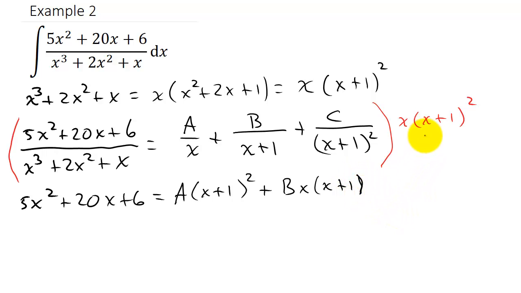Okay, and then I multiply the common denominator to this term, and the x plus 1 squared and the x plus 1 squared will cancel out, and so I'm left with C times x.